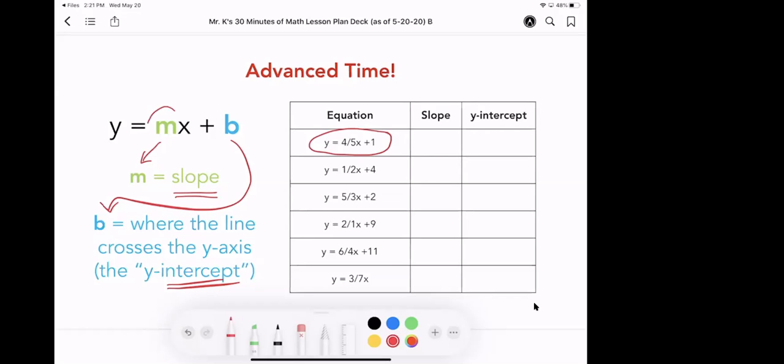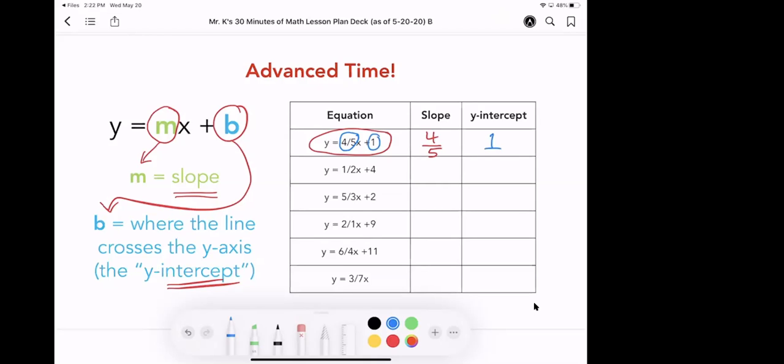Remember, m, which is the number right before the x, is our slope, and b, which comes at the end of the equation, is our y-intercept, where it crosses the y-axis. All right, so here we go. Our slope would be 4/5, because here we see 4/5 x. That's our m. And our y-intercept, where it will cross the y-axis, is right there. So 1.